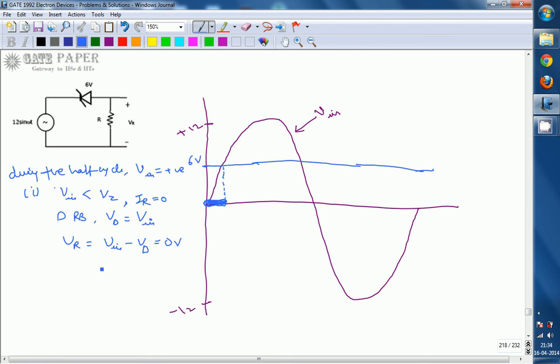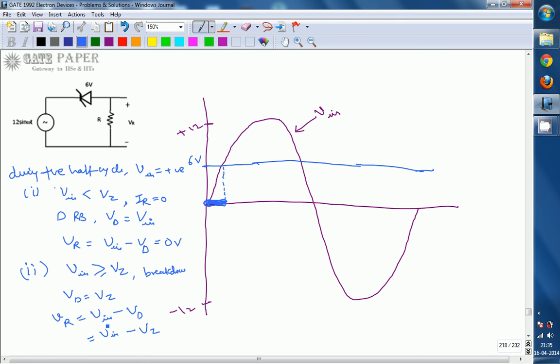Next, the second case: if the V input voltage is greater than or equal to Vz, from then onwards the diode comes into the breakdown region. The Zener diode comes into the Zener breakdown region, where it maintains Vd equal to Vz. So the voltage across the resistor is V input minus Vd, which is V input minus Vz.